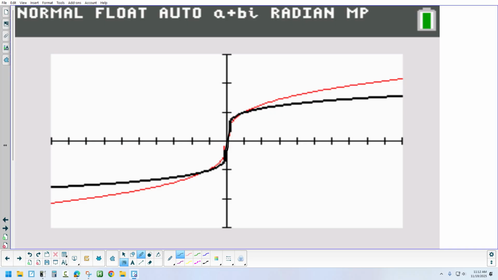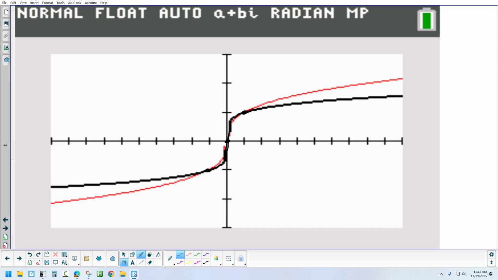Anything else? (-1, -1). They both go through that point right there. And positive, they both go through (1, 1). So there are 3 points that they all have in common. Any odd root that you graph will go through those 3 points if you don't stretch it, shift it, or reflect it.